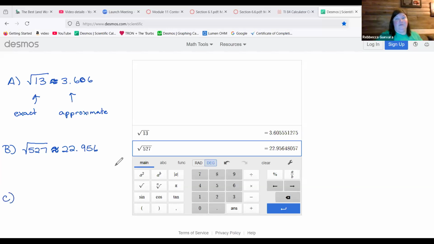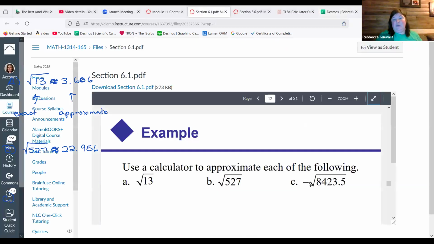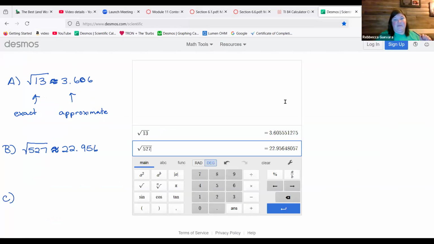And then for C, so C has a more complex real number. So remember, there's a negative out front, and we want the square root of 8,423.5. We hit negative square root of 8,423.5.